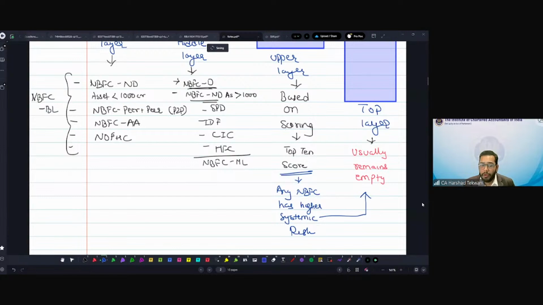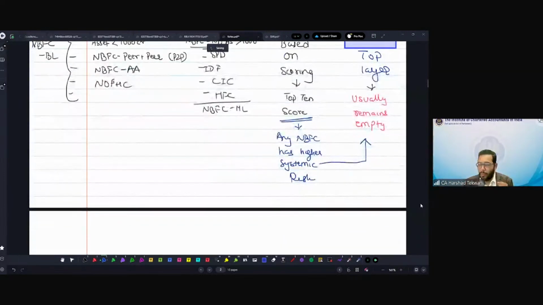When I call this systemic risk, what is this? Basically, this is the risk of major disruption in the financial system due to failure of that NBFC. Let's say tomorrow this NBFC is very big. If it fails, then the financial system is going to crash. It will have a very negative impact on the whole financial system, or it will cause a lot of distress to other NBFCs.